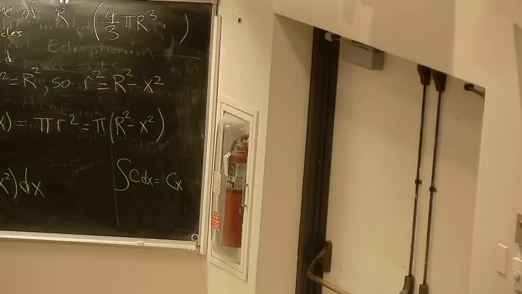This integral becomes the integral of u squared times negative 2 du.